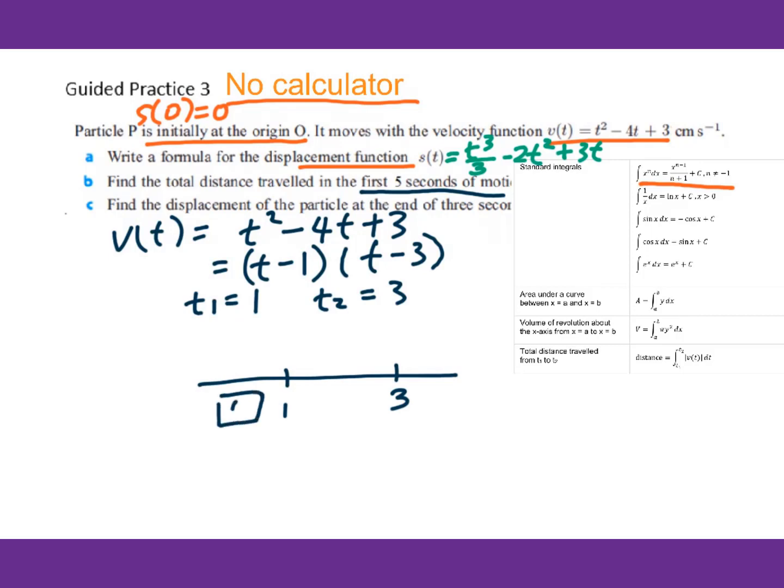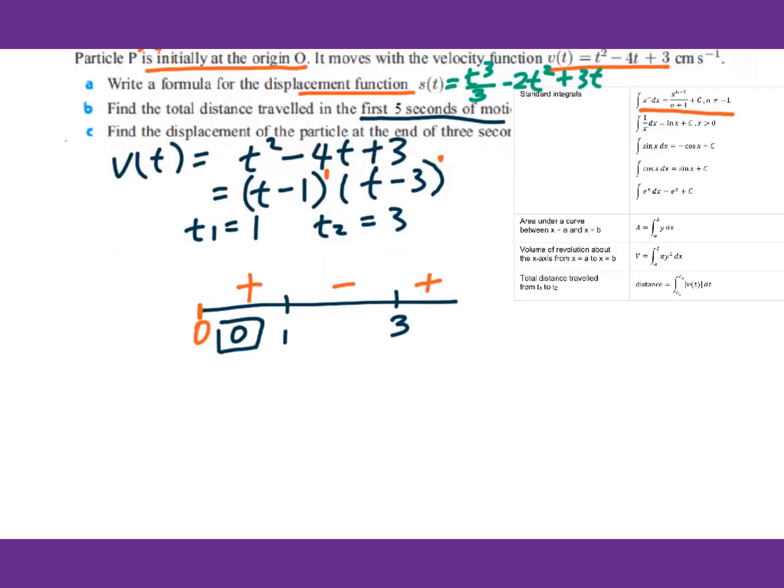Then we plug in 0, that equals positive. So here is a positive. Since the exponent is an odd number, we switch the sign for the neighbor interval. This will be negative, here is positive. We have 0 here.